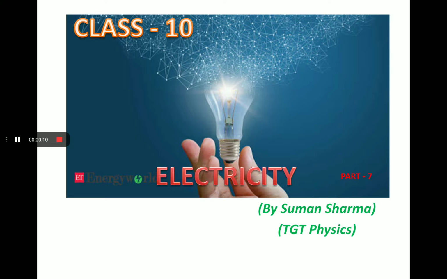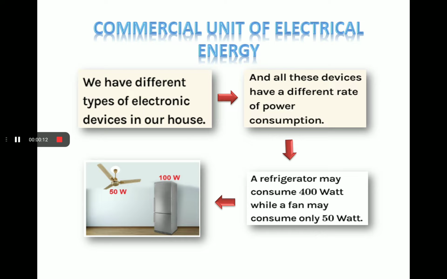In this video, we will study the commercial unit of electrical energy. Students, we know that we use so many electrical appliances in our home and we use them very frequently. And all the electrical appliances or devices have different rates of power consumption.